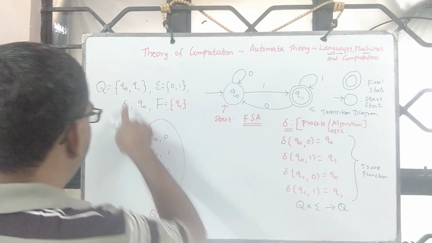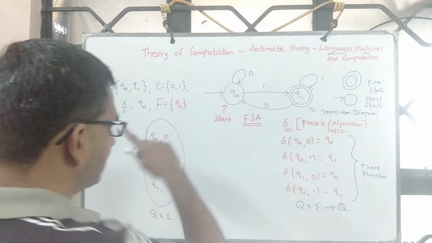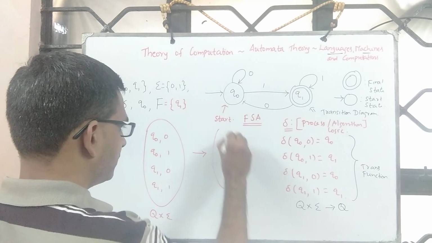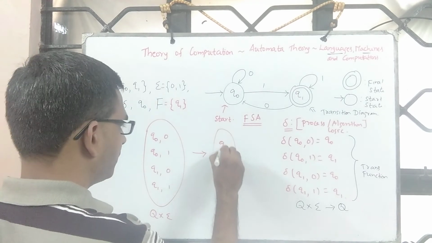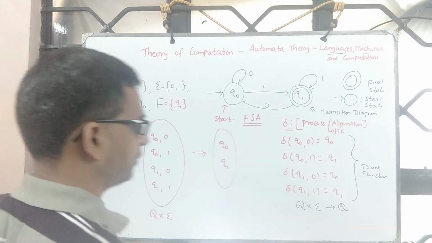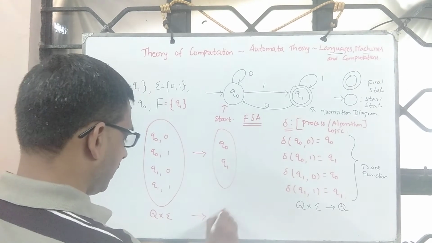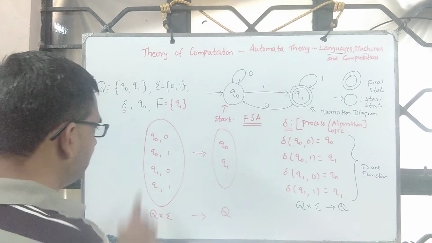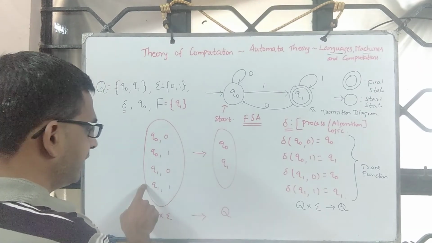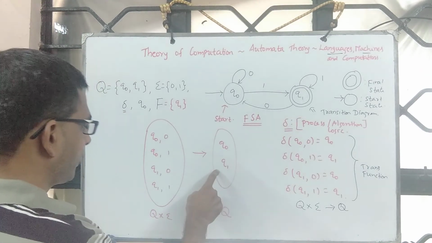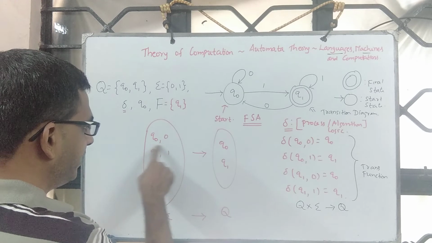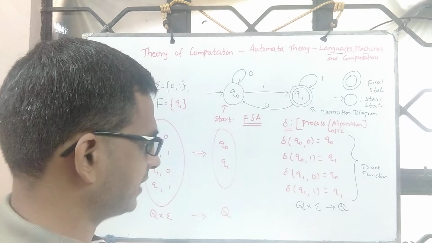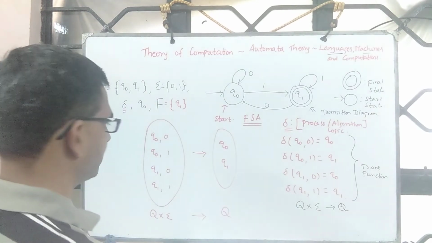This has 2 elements, this has 2 elements, so the domain has 4 elements, and the map is from this to capital Q, which means q0, q1. Fine. And it is a function, which means each element here has an image, and no element here is mapping to more than 1. Correct? It has exactly 1 image.